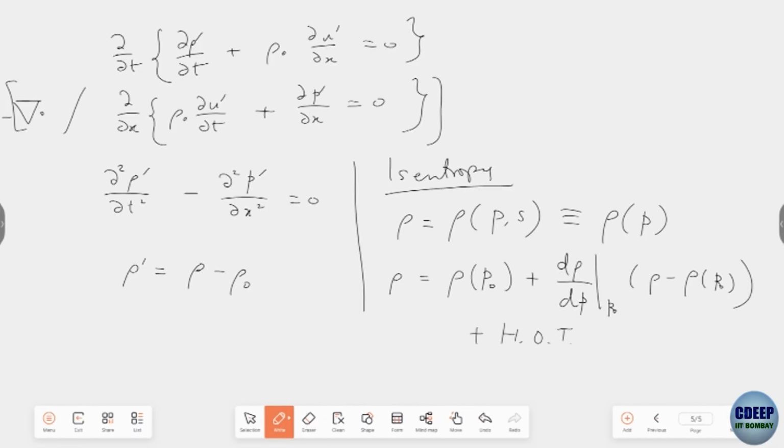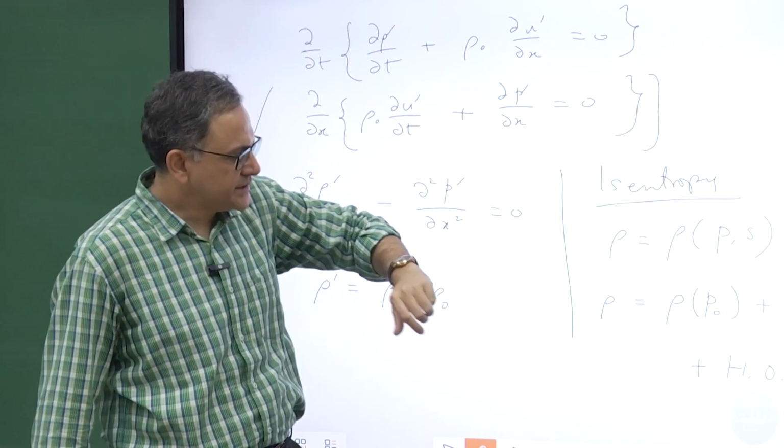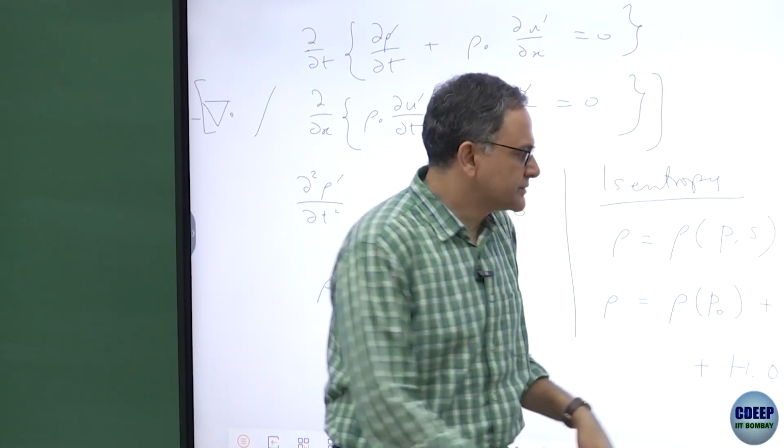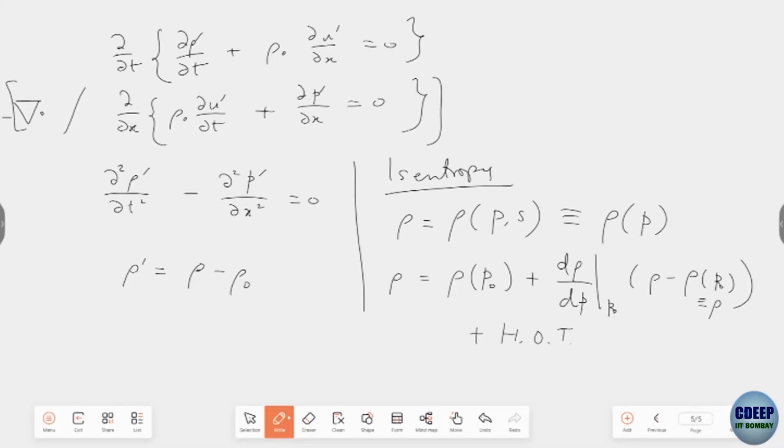So we are doing a Taylor series expansion of density, which is just a function of pressure, about p0, that is, excursions of the density from p0. Now, because we have chosen a consistent base flow state, my p0 is related to rho 0, so this is exactly equal to rho 0. And so this term is the density fluctuation itself. Forgot my Taylor series: p minus p naught, and so this is p prime by definition.